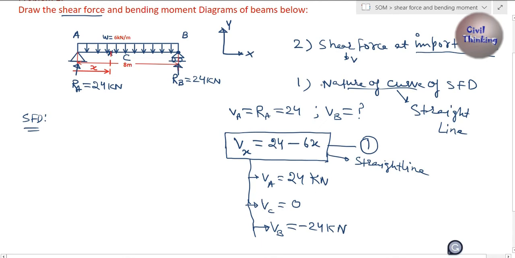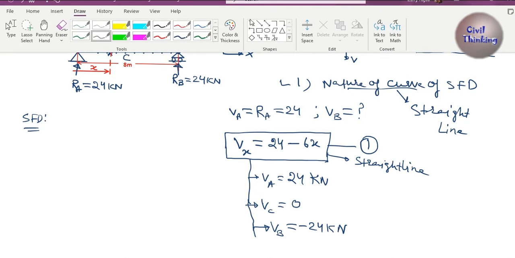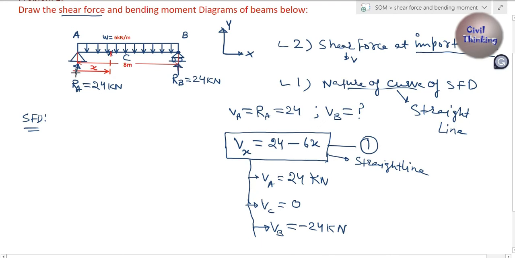Now let's see our checklist. Nature of the curve, straight line, we get this one. Shear force at important points, we get the shear force at A, C and B. We also get this. Now we can safely draw the shear force diagram for this beam. So let's begin. Let me draw some lines here.